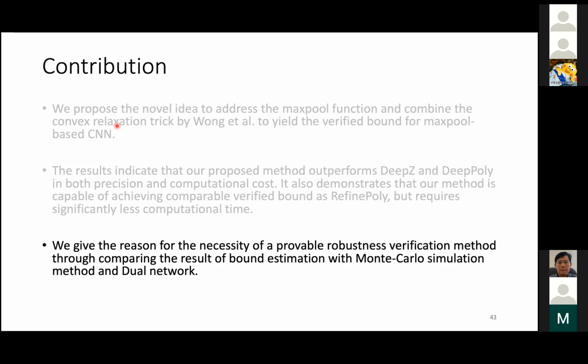So we can find the verified lower bound just by feeding the input polytope into the network to get the output polytope and its verified lower bound. It can work. So we have to. So the verification is necessary.